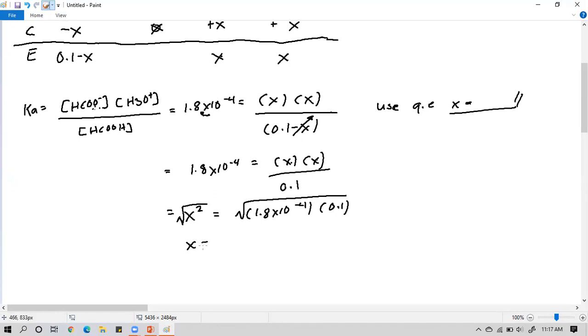So, mag-yield tayo ng X equals square root of 1.8 times 10 raised to negative 4 times 0.1. And the answer in this equation is 4.24, to 6 times 10 raised to negative 3. Nag-round off na ako, ba? Pero hindi.